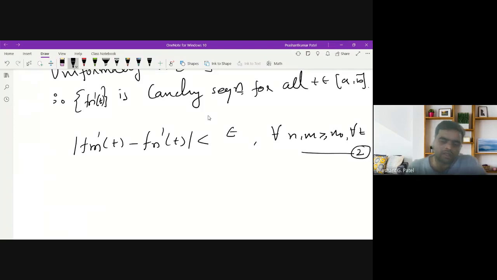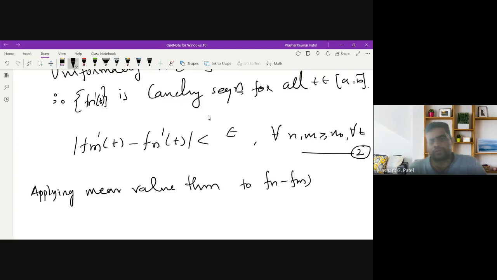Now here I am applying the mean value theorem on this f_n minus f_m. So applying the mean value theorem to the function f_n minus f_m, what is the mean value theorem?